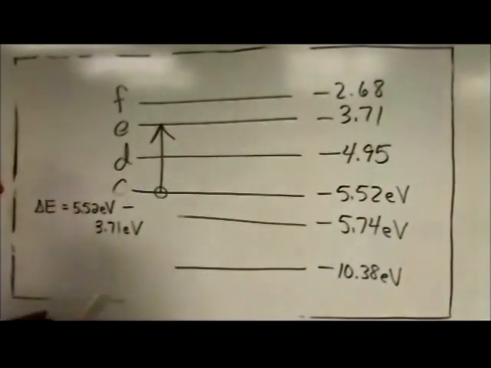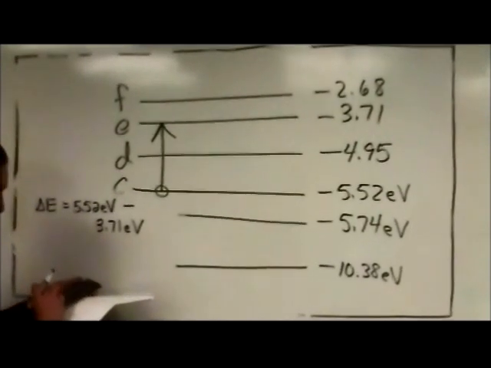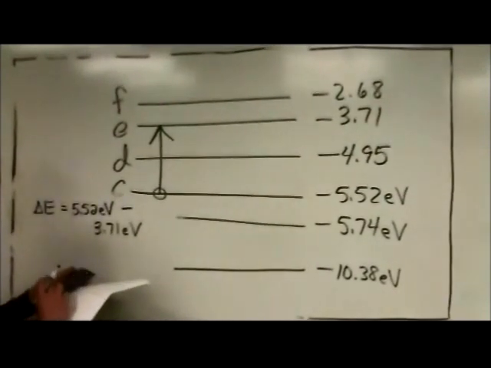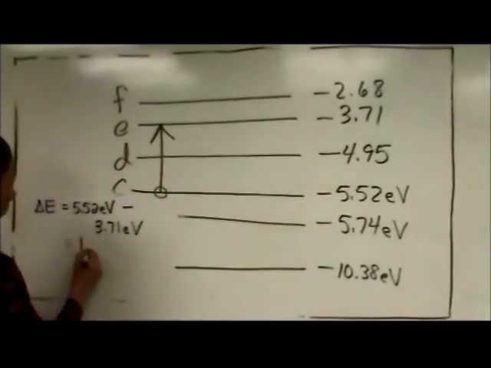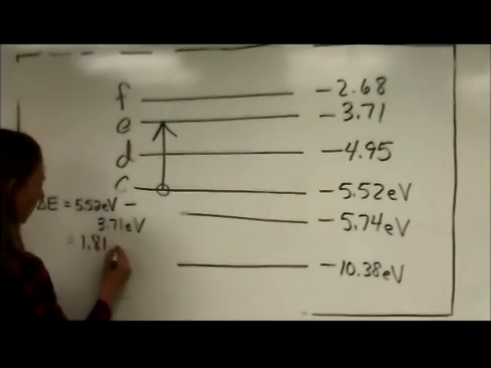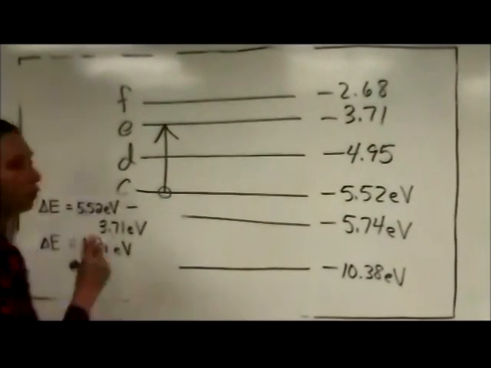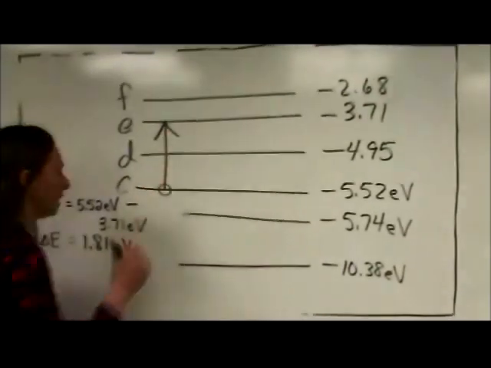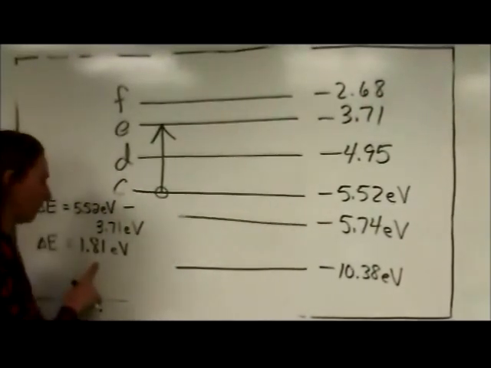So the change in energy here, 5.52 minus 3.71, is 1.81 electron volts. So in order for the electron to jump from C to E, it would have to absorb 1.81 electron volts.